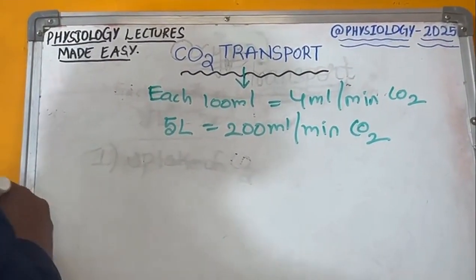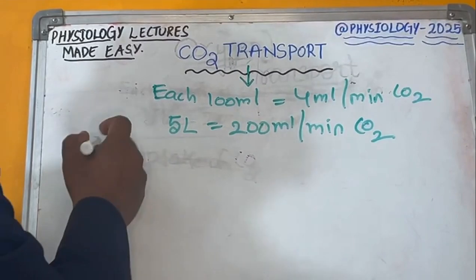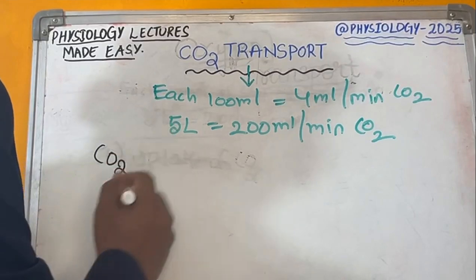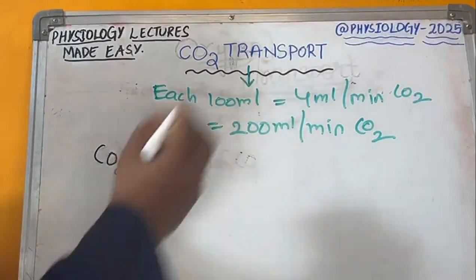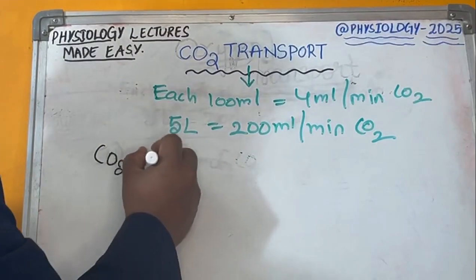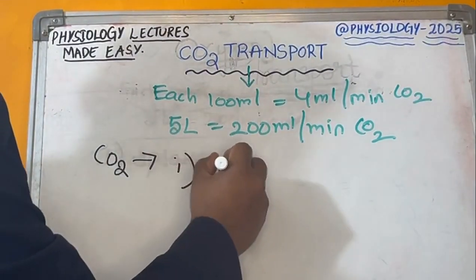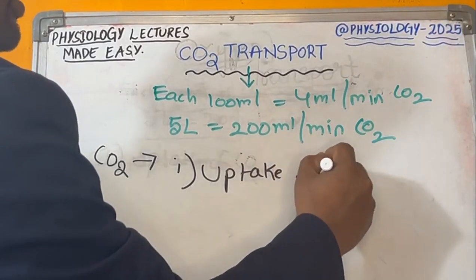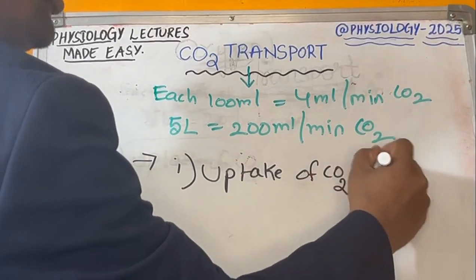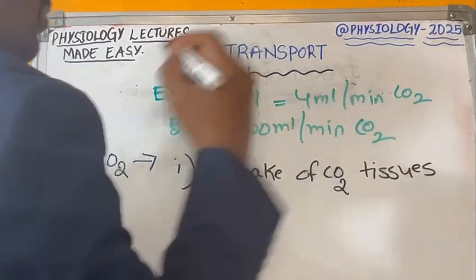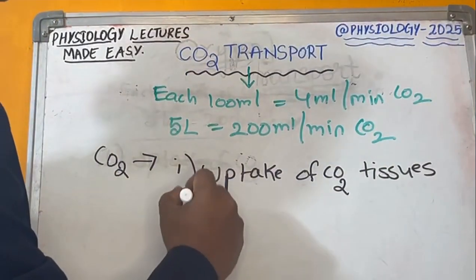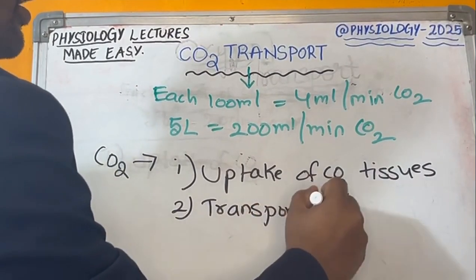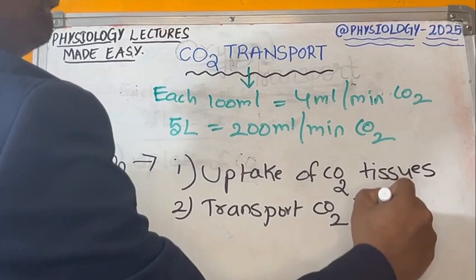Now, carbon dioxide transport can be studied mainly under 4 headings. Number 1 is uptake of carbon dioxide from the tissues. Number 2 is transport of carbon dioxide in blood.